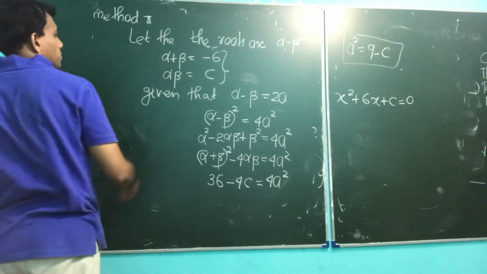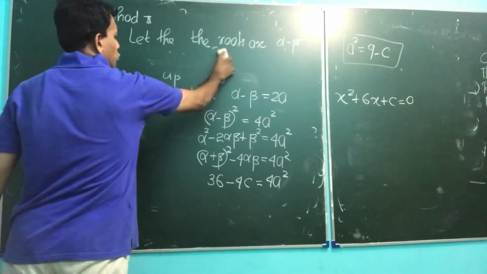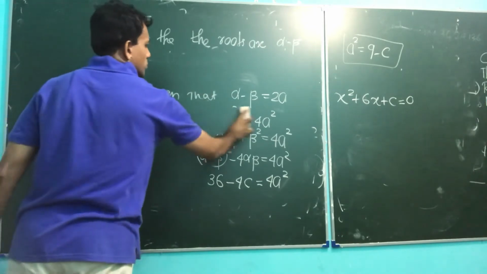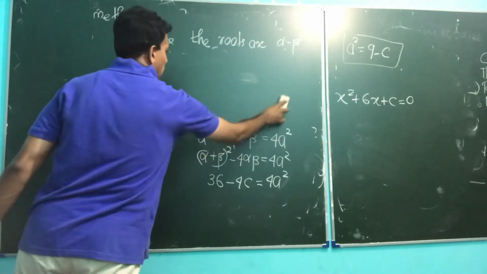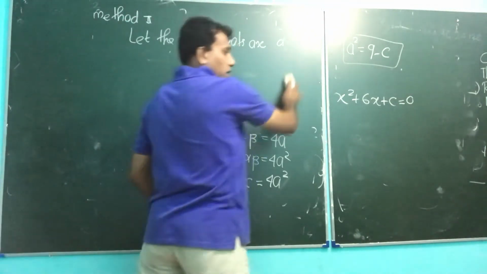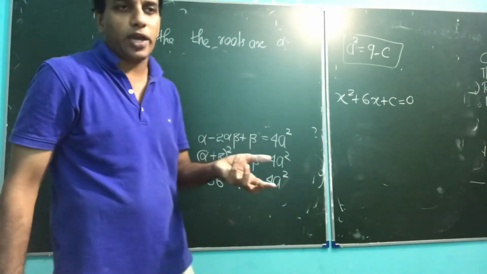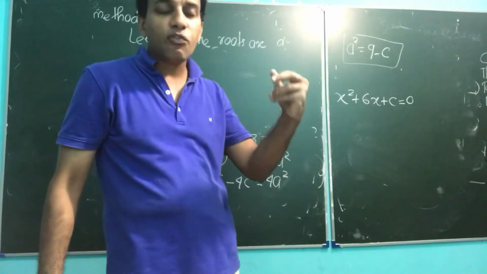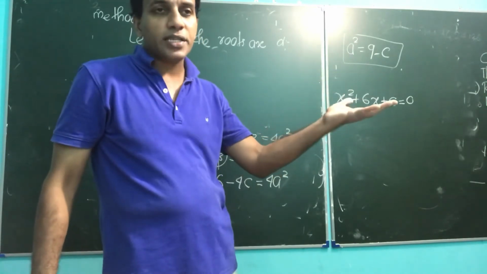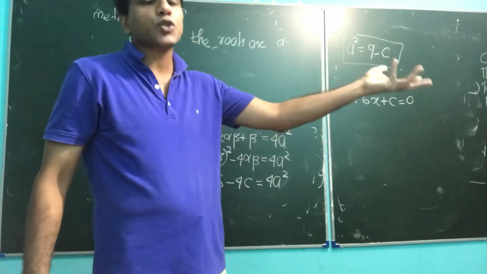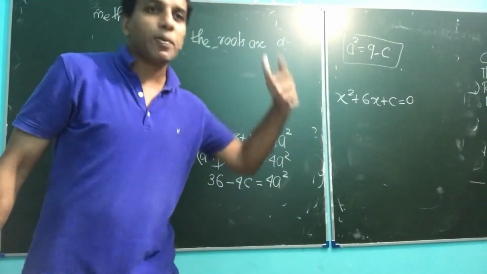Method 2. They said the roots differ by 2a. So one is alpha and the other is alpha minus 2a, or alpha plus 2a.